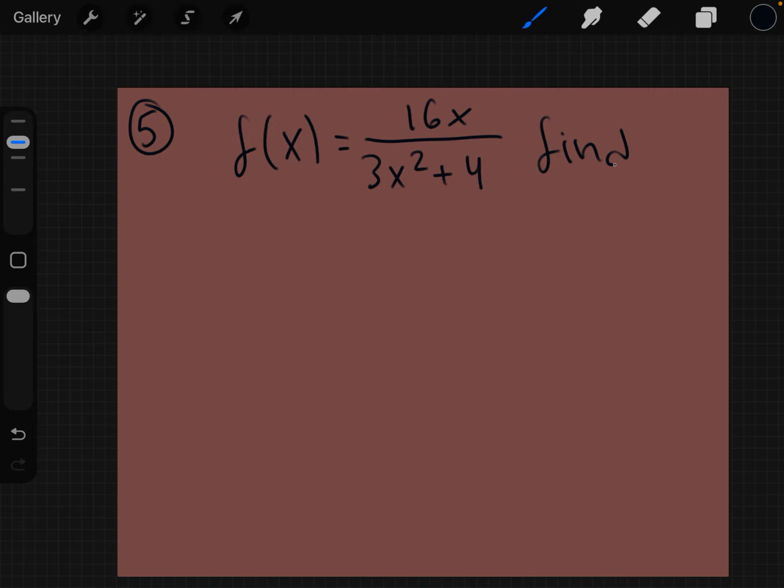What are we on? 5. f of x is equal to 16x over 3x squared plus 4. Find the horizontal asymptote.